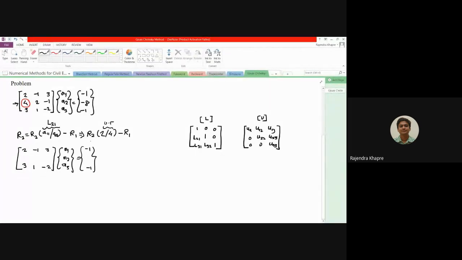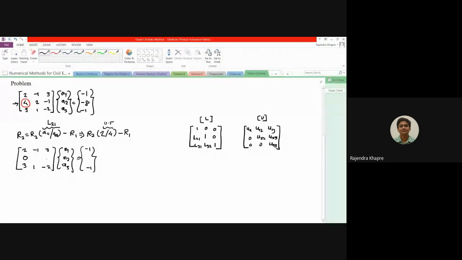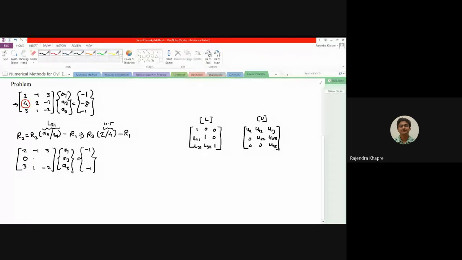So R2 equals R2 minus R1 into 0.5. Half of 4 is 2, minus 2, so this value will become 0. And this will be 2 into 0.5, which is 1; 1 minus of minus 1, so it is becoming 2.